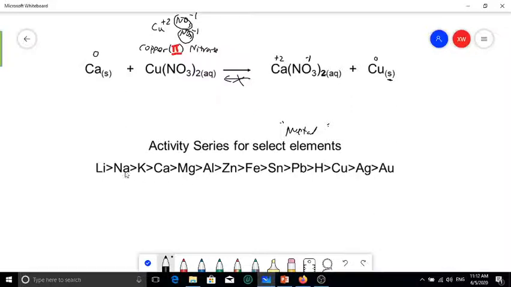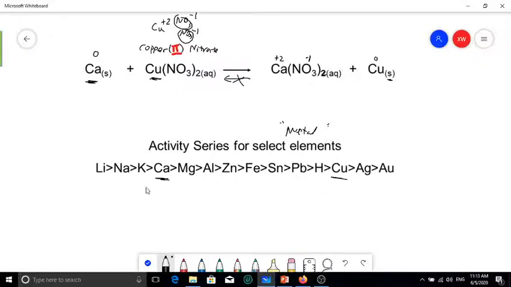The ones in the front are more active than the ones behind. So the principle is very simple: only the ones in the front with a higher activity can displace the ones behind out. So let's take a look at this example. Calcium is located here, whereas copper as an element is located here. So you can see calcium is able to kick copper out from a compound, whereas copper is not active enough to kick the calcium out of a compound.